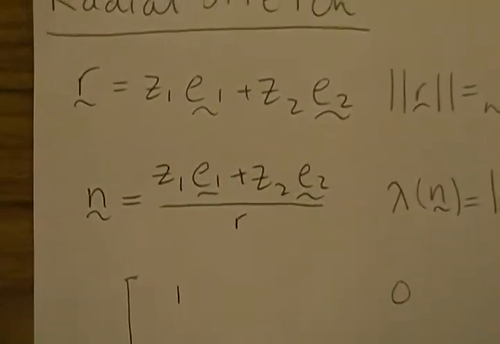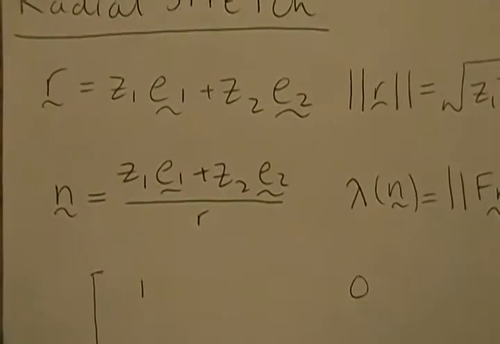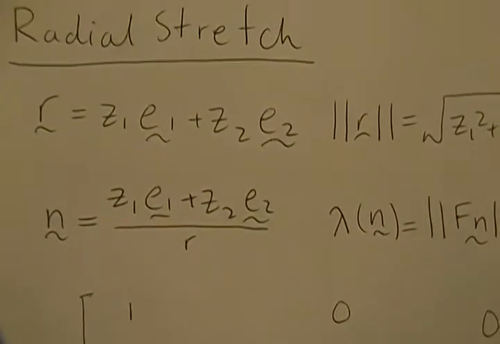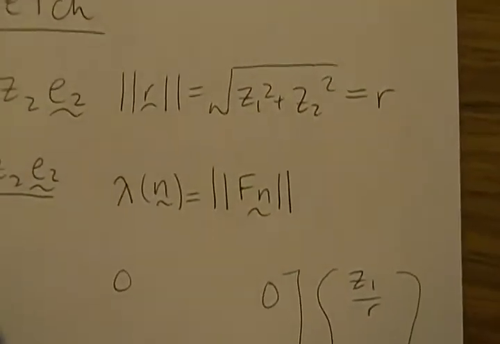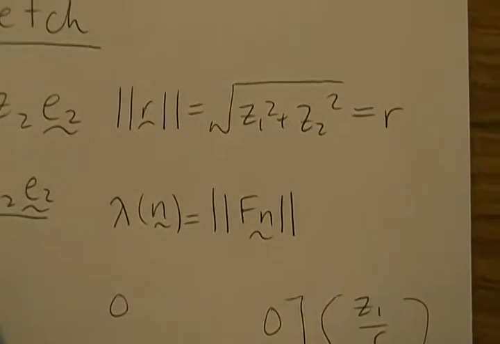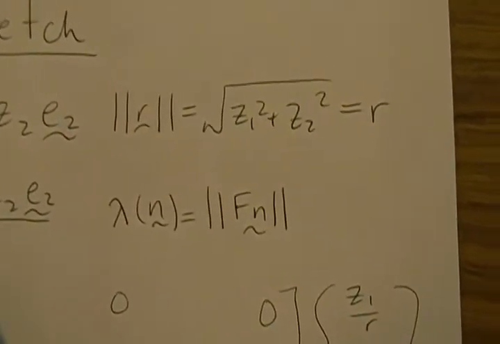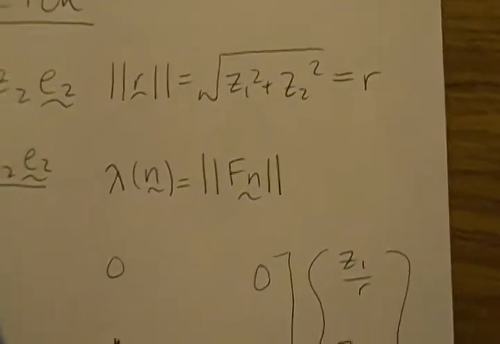If we apply that to a unit vector n, it is equal to z1 times e1 plus z2 times e2 over r. We will now look to solve for lambda n, the stretch in the radial direction, which is equal to the length of the vector Fn.